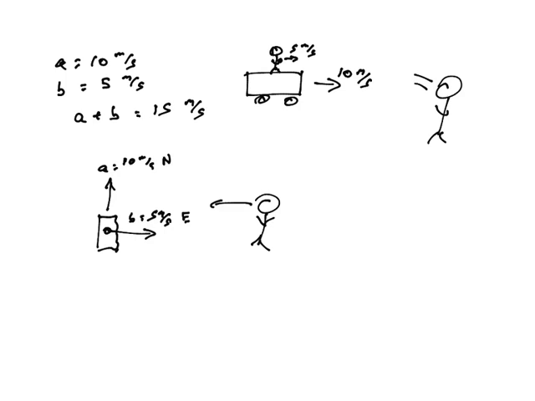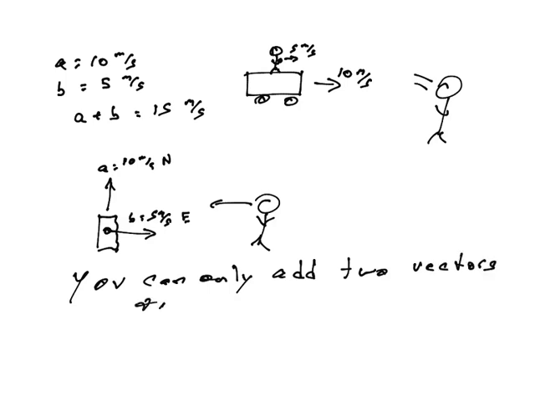Well, it turns out they're not going to see it moving at 15 anymore. And this is the problem with adding vectors. You cannot add vectors to get an answer the way you would add scalars. In fact, the rule of mathematics says you can only add two vectors together if they are in the same direction.